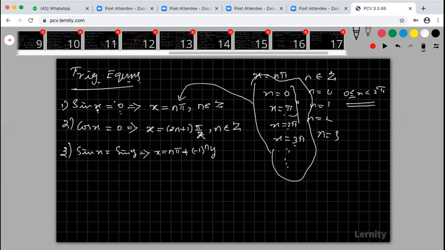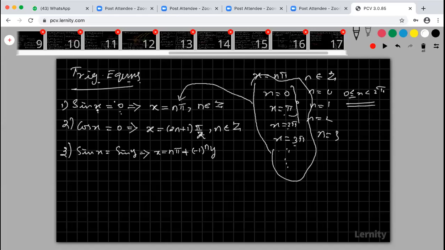If you are getting some confusion in the proof, please leave the proof and try to understand this general solution, because we are going to discuss many problems based on this result only. So don't bother about the proof now. I will teach it later if you have any confusions or doubts.